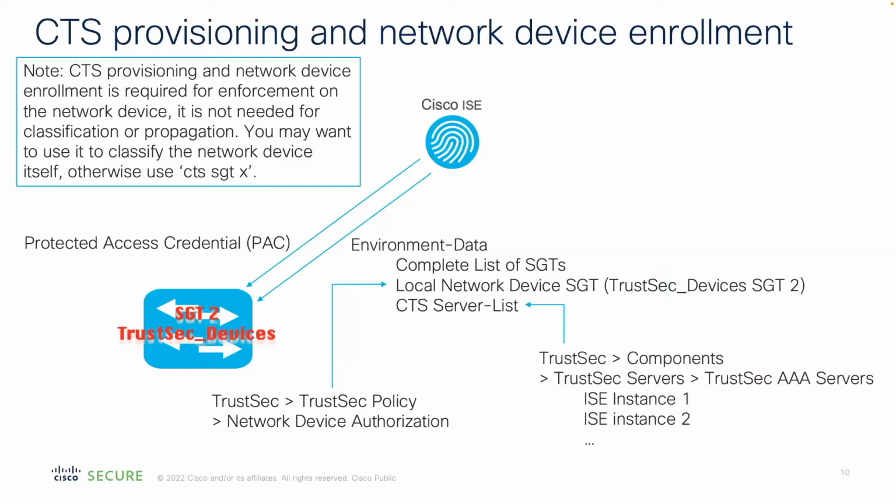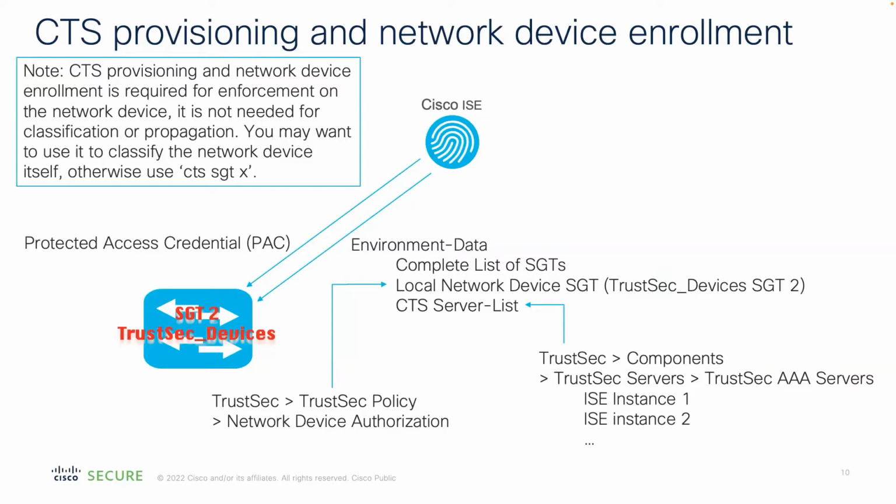Now, this is a list of servers that we want to update the environment data from and also download policy from. So this is a list of ISE personas, which can be the PAN or can be the policy services nodes. And some customers have a dedicated policy services node just for this policy download function.